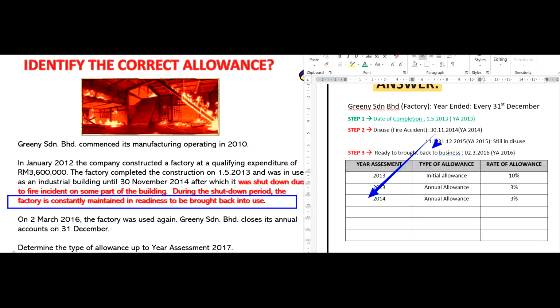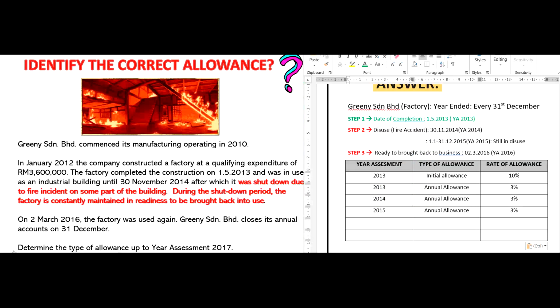In 2015, the factory still cannot be used, so also claim for annual allowance. Remember, if the company maintains it in readiness to be brought back, then the company can claim the annual allowance. So in 2015 also annual allowance at 3%.